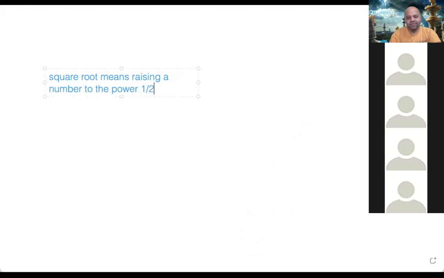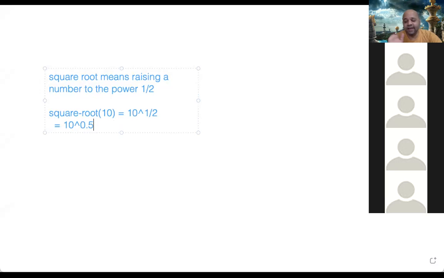So what does this mean? If 10 is the number, what is the square root of 10? Square root of 10 is equal to 10 raised to 1 by 2, which is 0.5, so 10 raised to 0.5.